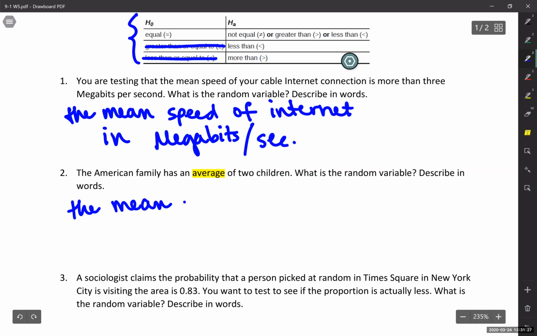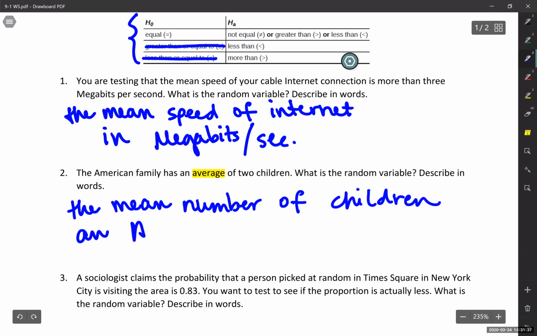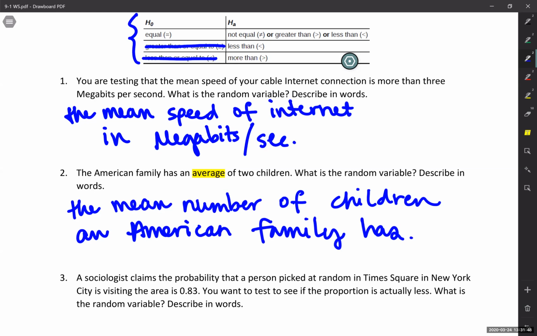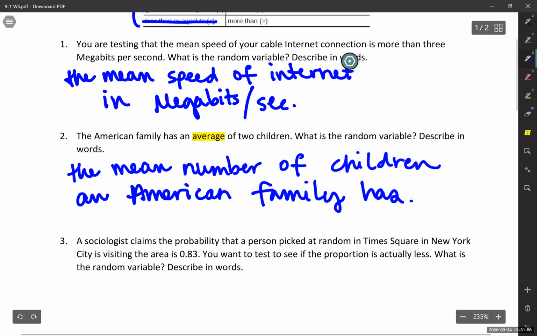The mean number of children an American family has. So the claim is that an American family has an average of 2 children. So if we were to test that claim, then we would be testing the mean number of children that an American family has.